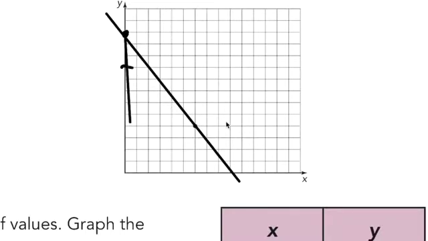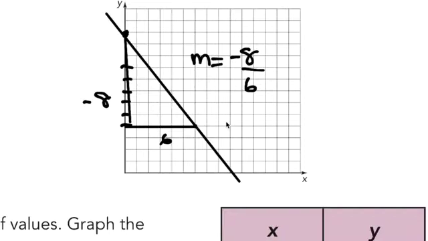Down 2, 3, 4, 5, 6, 7, 8, down 8 over 6. So my slope is negative 8 over 6. The y-intercept is at what? That's 8, 9, 10, 11, 12.